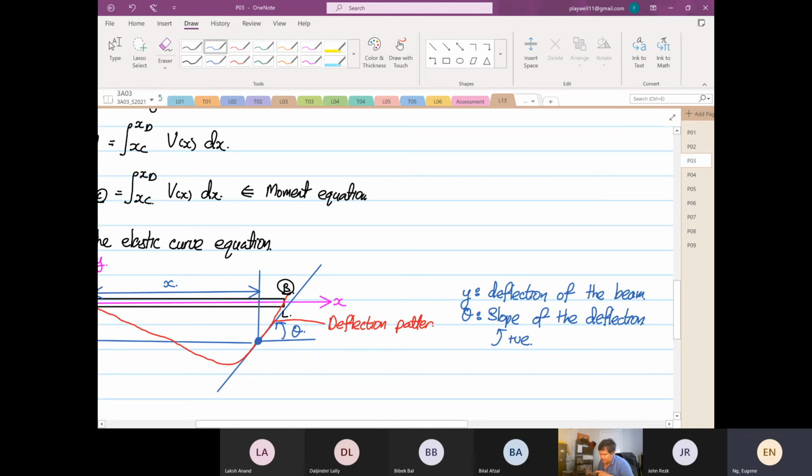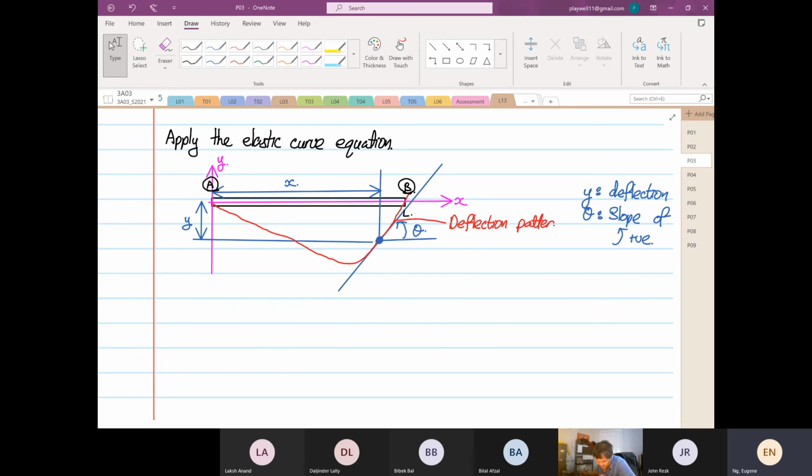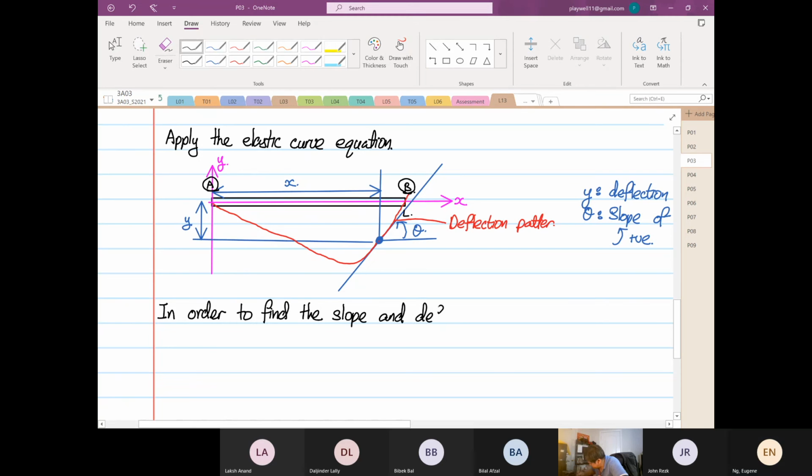Okay, so in order to find the slope and deflection, the elastic curve method must be used.